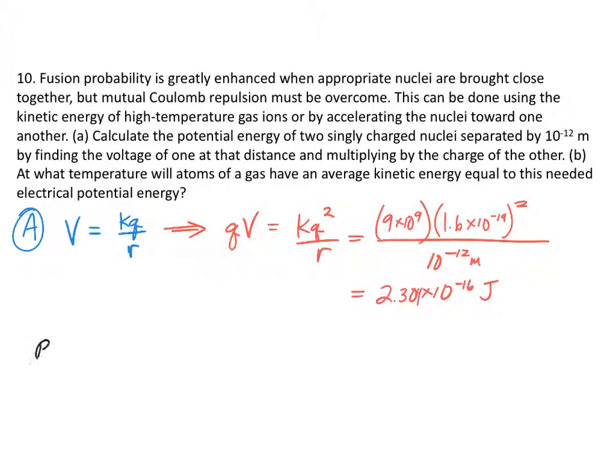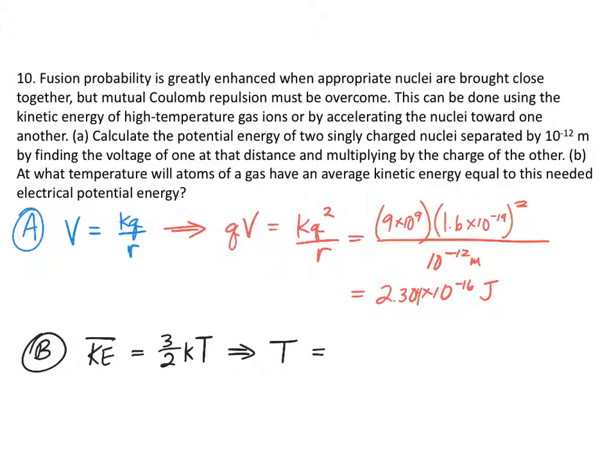And then part B, this is gas, again, this is gas ions. So our average kinetic energy, that's what the bar refers to, is 3/2 kT per temperature. So the temperature, part B, what temperature will atoms of a gas have that average kinetic energy equal to that potential?